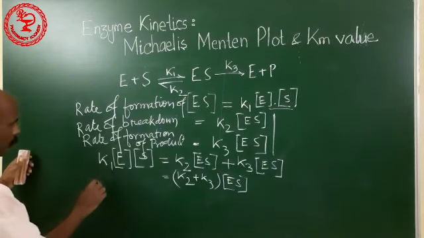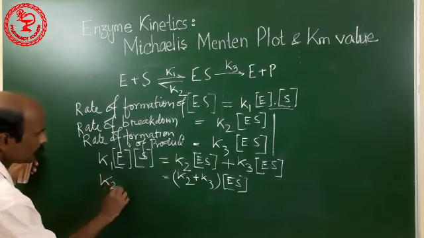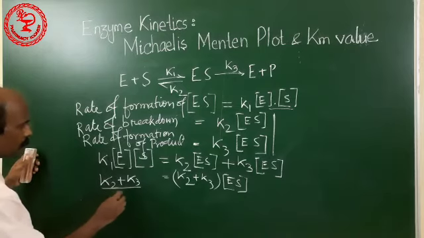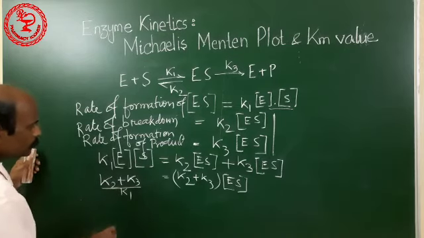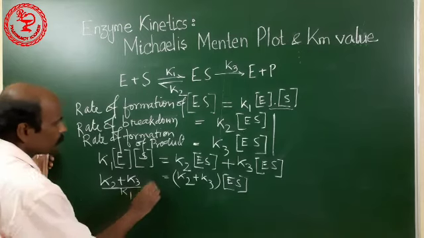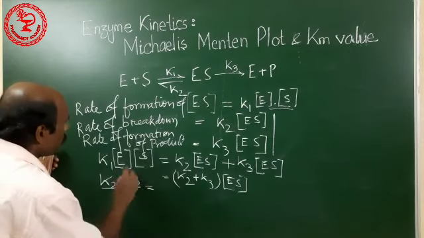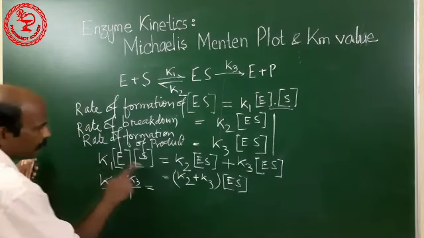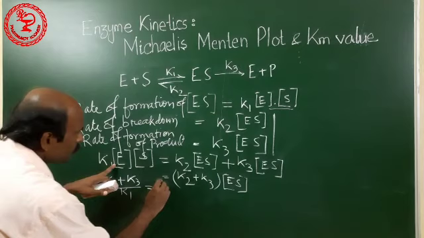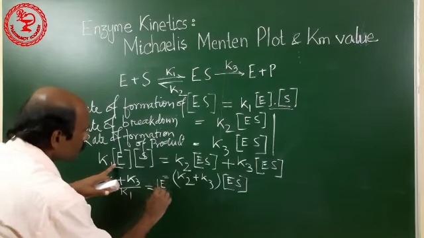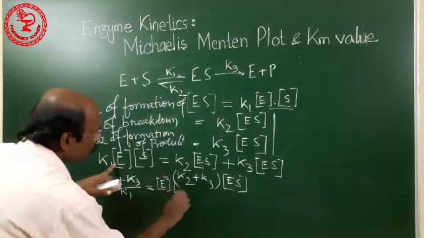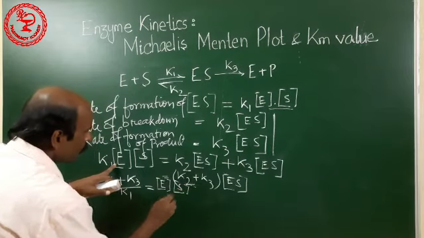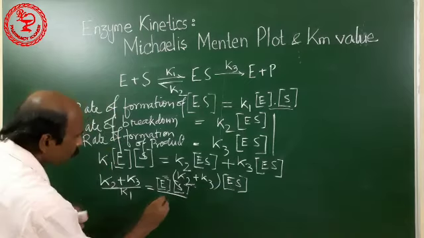Now, K2 plus K3 divided by K1 is equal to enzyme concentration into substrate concentration divided by ES.